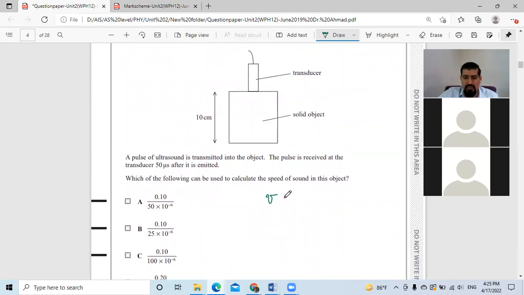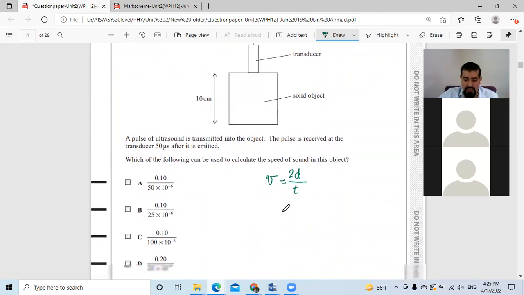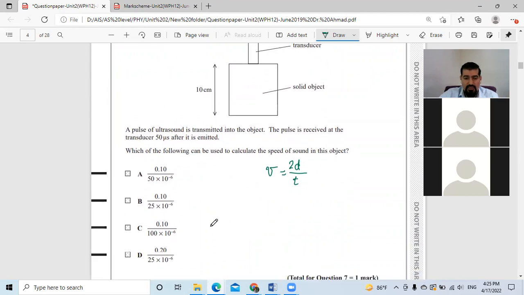Speed equals distance over time, and because of the echo, the distance is multiplied by 2, or you divide the time by 2. So the answer is B. Instead of writing 50, they write 25, which means 50 divided by 2.